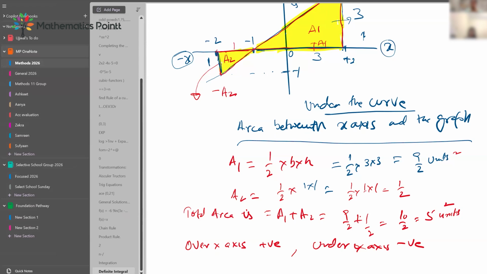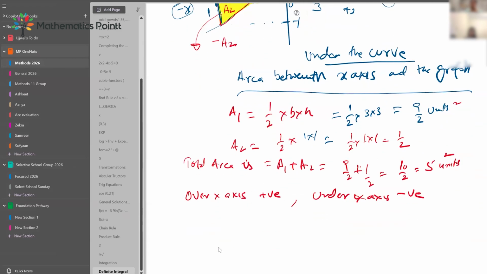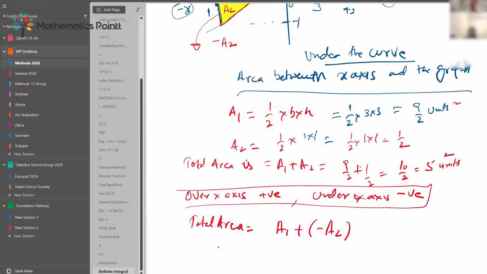So then what will be my total area? My total area will be A1 plus minus A2, considering that I now have put this condition to find the area. Finally, this becomes A1 minus A2, which is nothing but 9 on 2 minus half, which is 4 square units.